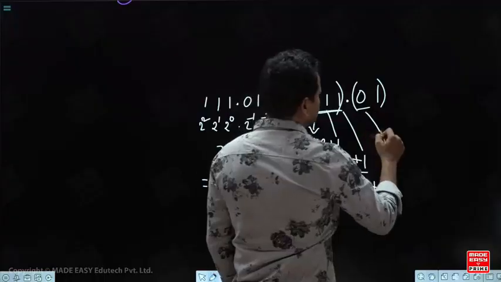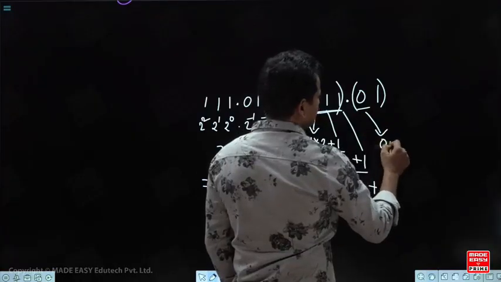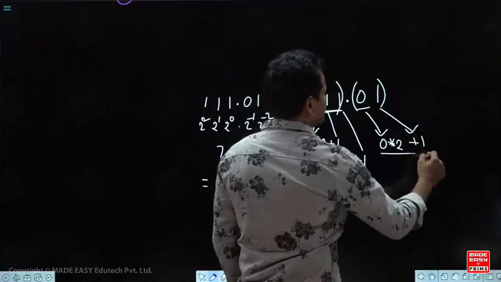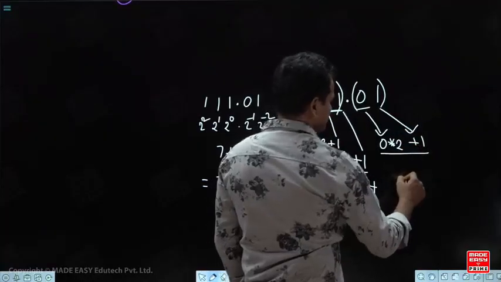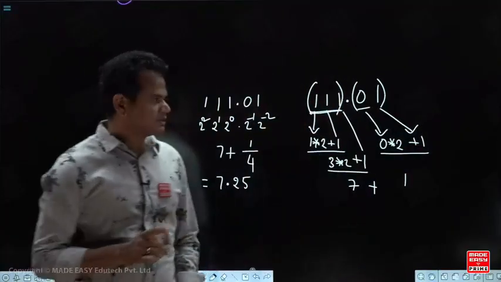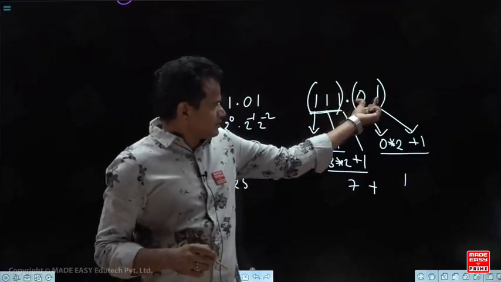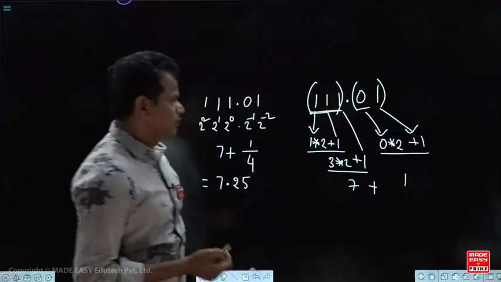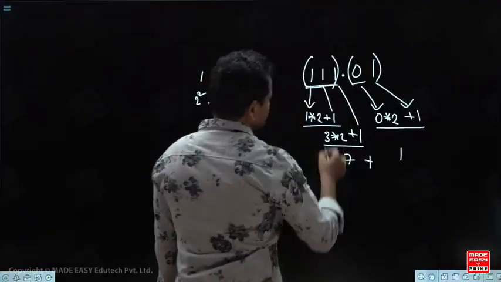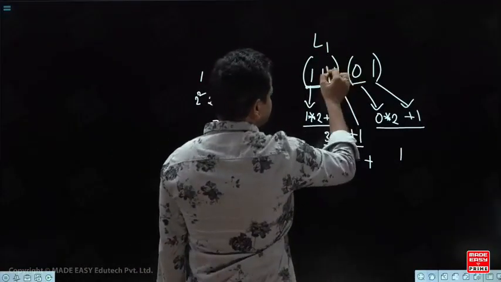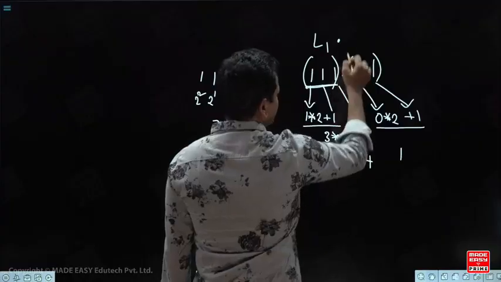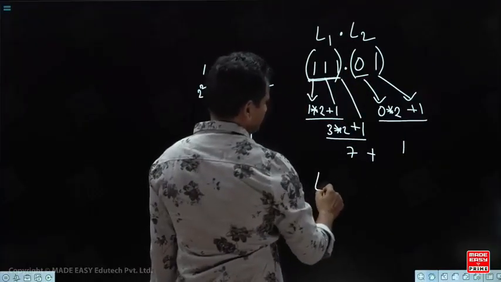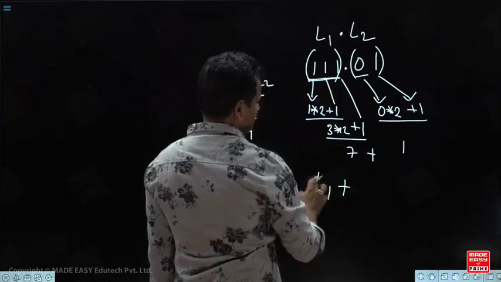For example, the 01 value in decimal is 0 into 2 plus 1, which is 1. So 01 in binary is equal to 1 in decimal. Now what formula do I use? I take this part as L1 and the part after the point as L2. The final value is L1.value plus L2.value. L1.value is 7.